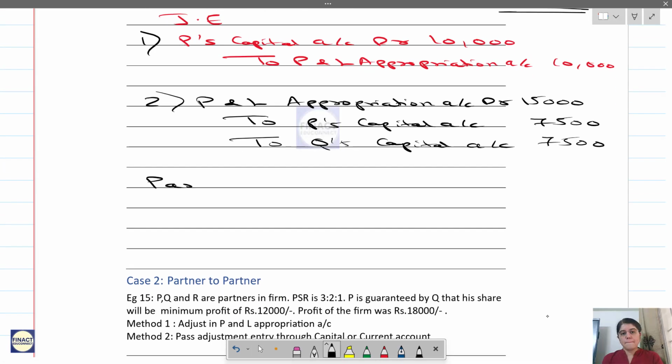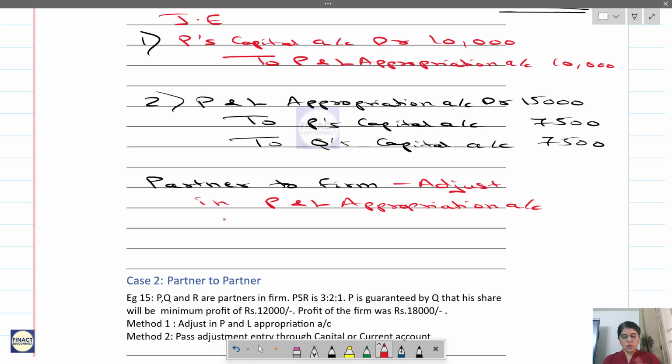So partner to firm, adjust in profit and loss appropriation account, through partners' capital or current account.